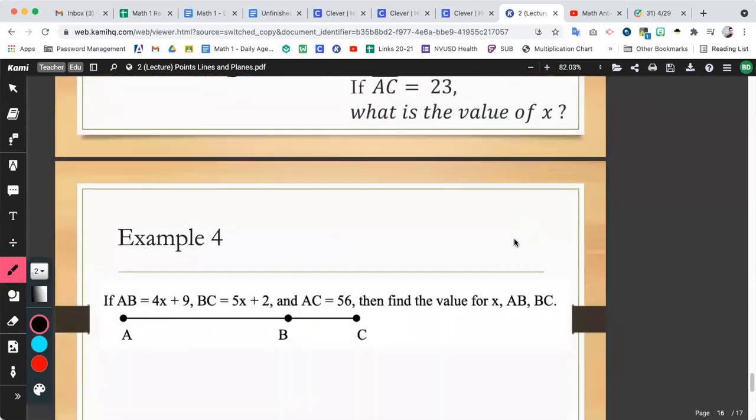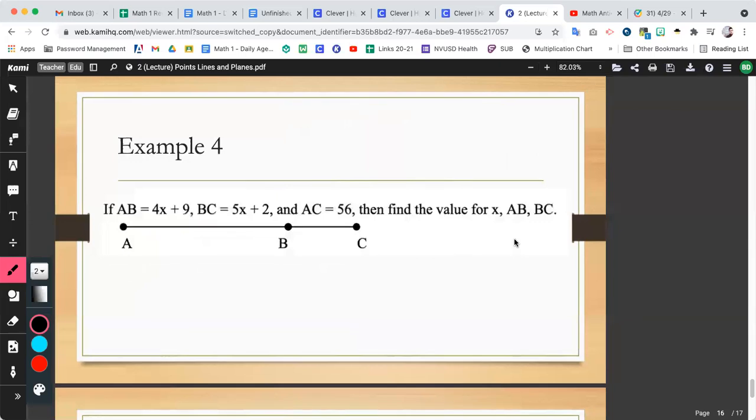Okay, example 4. Let's read through it. If AB is 4x plus 9, I'm going to do that in red. So AB, from here to here, is 4x plus 9. And BC is 5x plus 2.